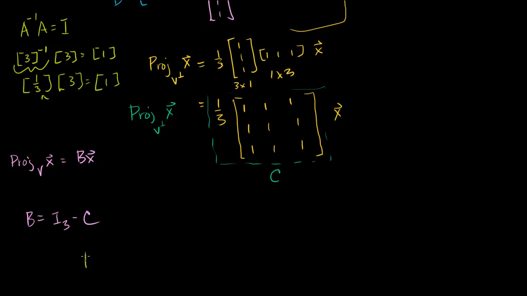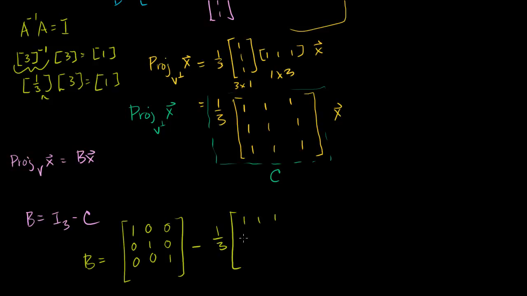So B is equal to the identity matrix, so that's just 1, 0, 0, 0, 1, 0, 0, 0, 1 minus C, minus 1/3 times 1, 1, 1, 1, 1, 1, 1, 1, 1. Just like that. And what is this going to be equal to? Let's in our heads multiply this out. All of these entries are going to be 1/3.